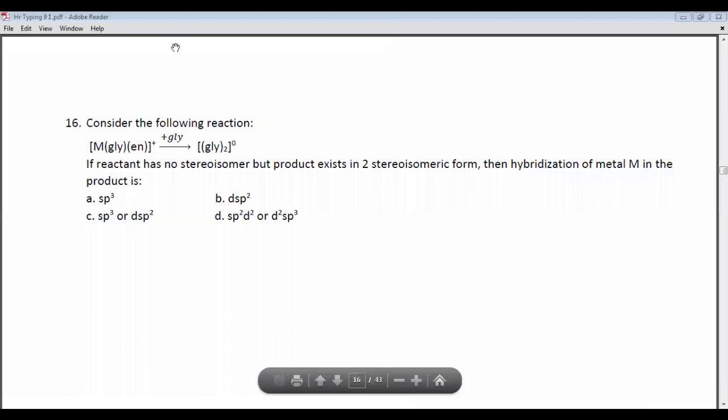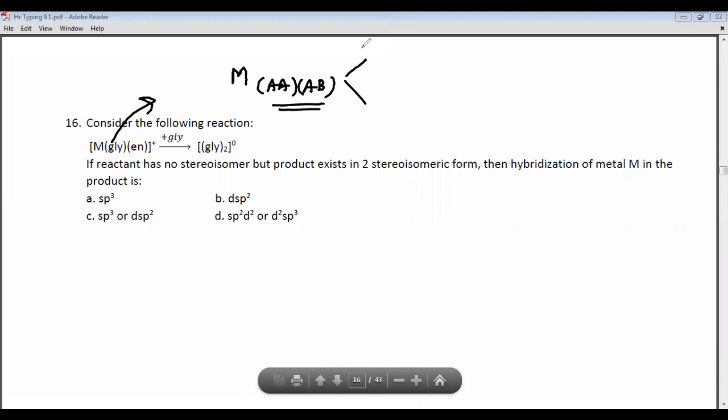The reactant is actually a square planar complex, I think. That's why it does not have a stereoisomer. This category has no stereoisomer.